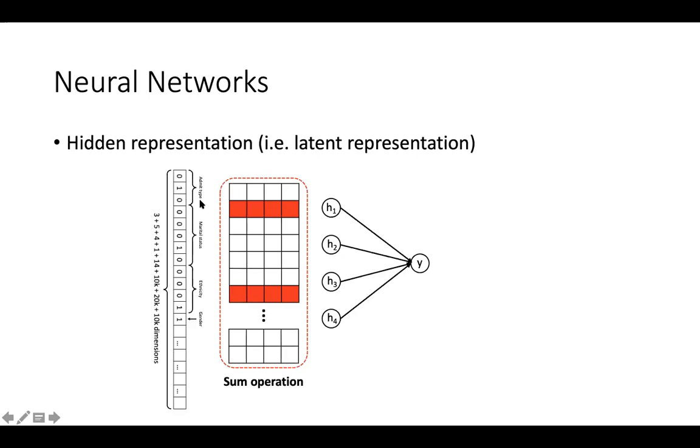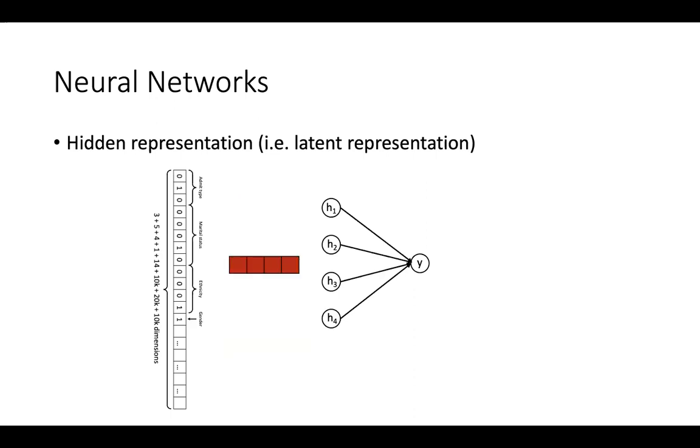You only select the rows that have an active feature. Then you take this, this, and this, and simply sum them up, and that becomes your next hidden representation vector.